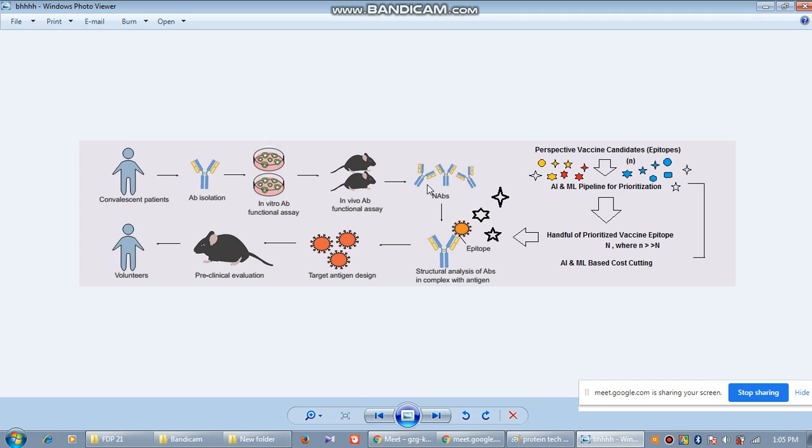So we take these monoclonal antibodies and test them against several epitopes of the virus. On the surface of COVID-19 there are plenty of antigens. We look for which one shows strong binding. So among so many antibodies, a particular antibody binds very strongly. Okay, so we identified this particular epitope and subsequently we will process it.